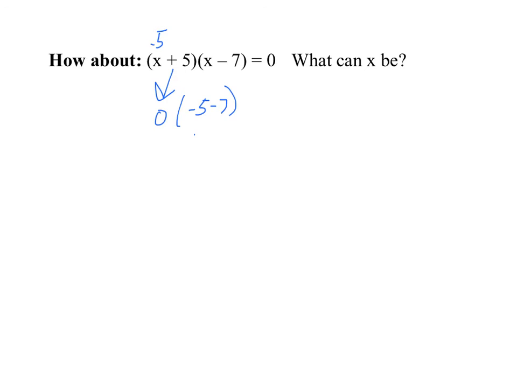That really doesn't matter what that comes out to be, because you're going to multiply by 0 anyway to equal 0. So if x equals -5, this works. And same thing with this one. If x equals 7, you'll have 7 minus 7 is 0, and that multiplies to the other parentheses to make 0. And we've got to use that concept as we do our process in a minute.